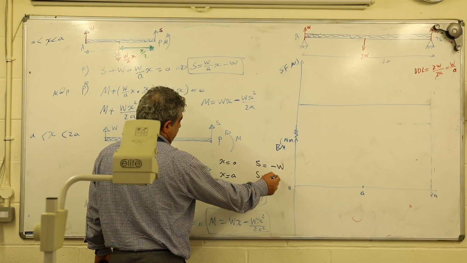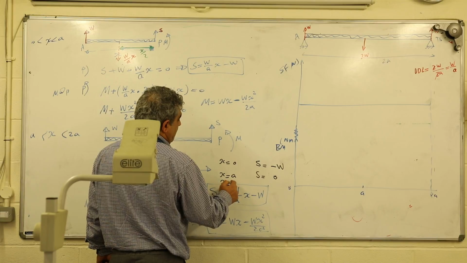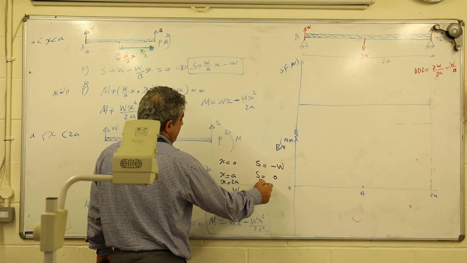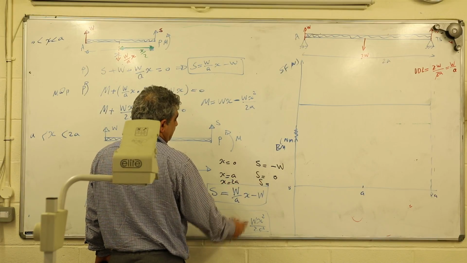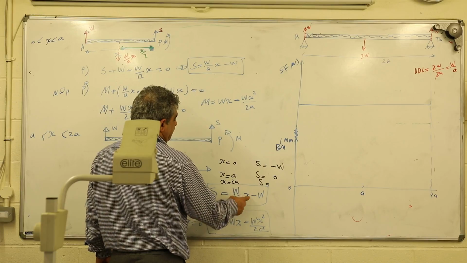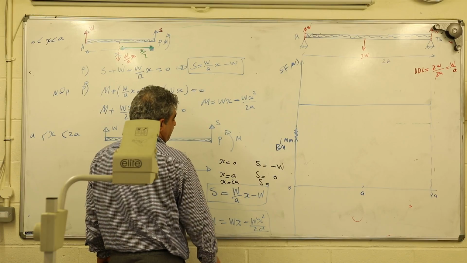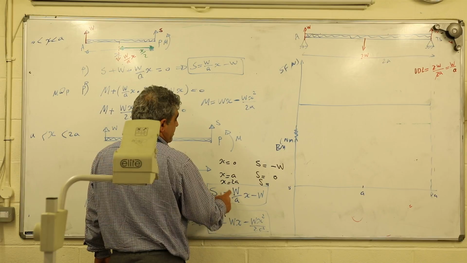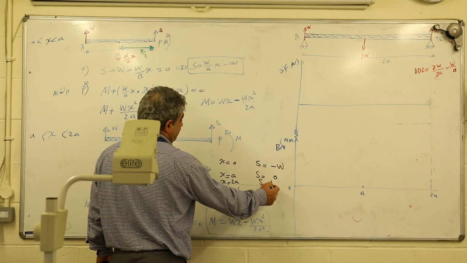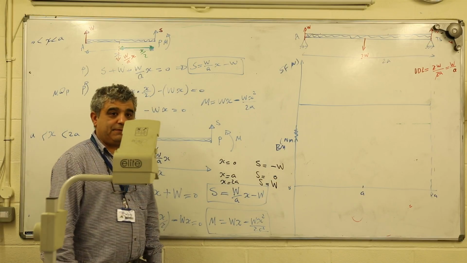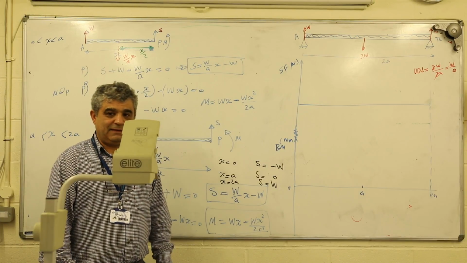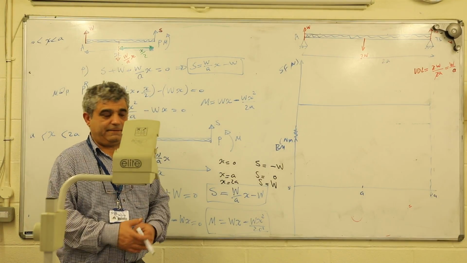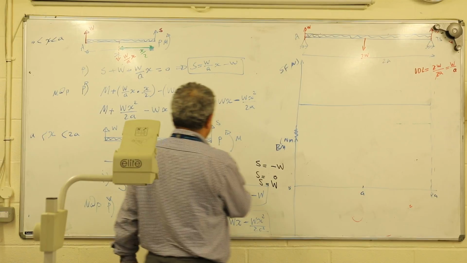Zero. When the x is equal to 2a, S is equal to? Put the 2a here. 2A over A, the A's cancel each other. 2W minus W, W. Isn't it beautiful? Yes?